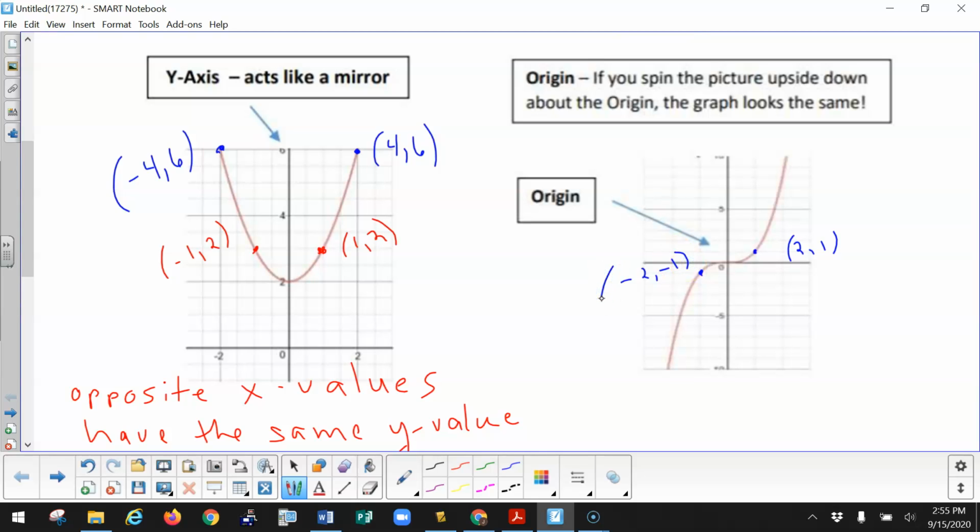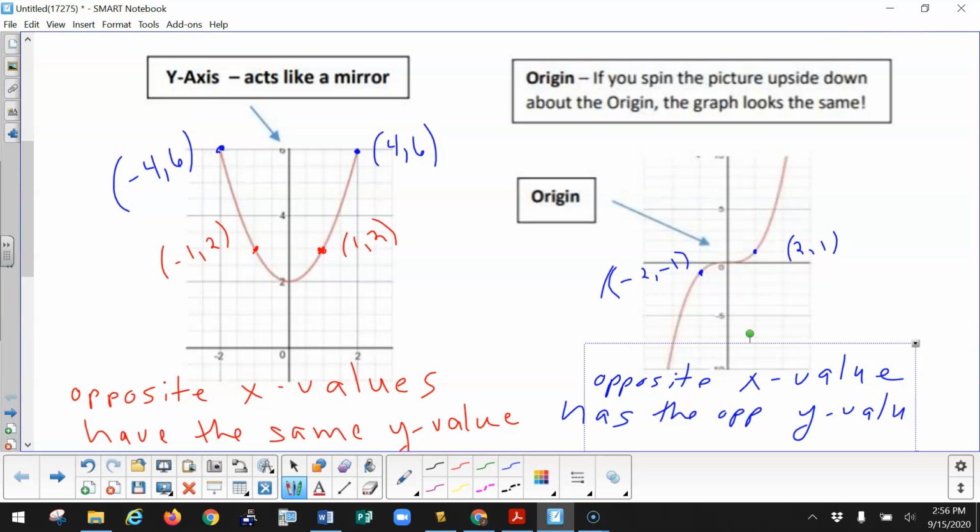So the opposite x has the opposite y's. So looking at the point that you pick, if you take the opposite of the x, then you will have the opposite of the y.